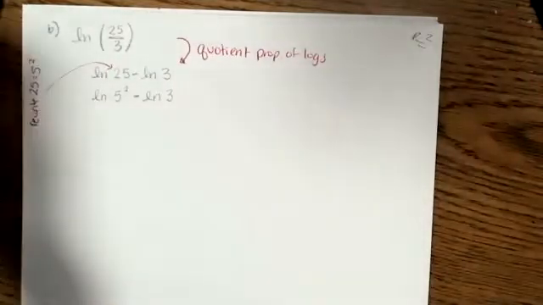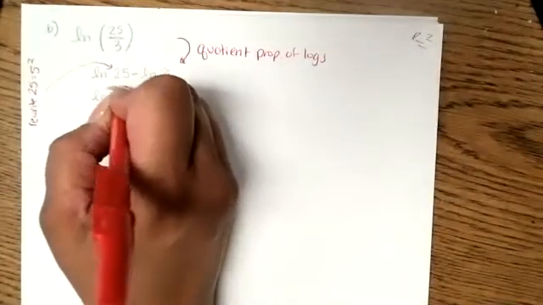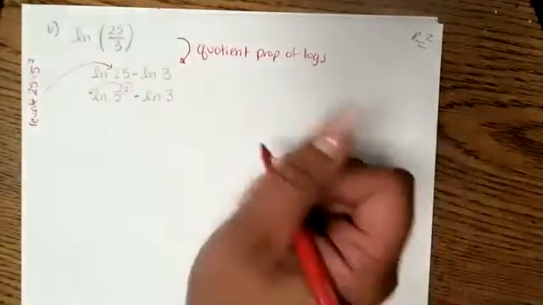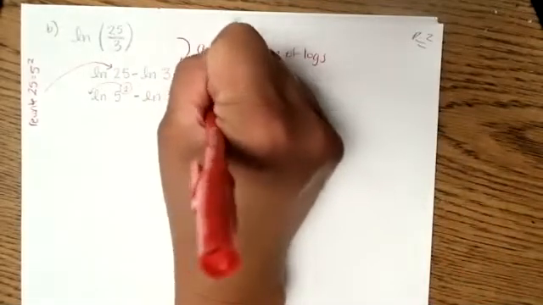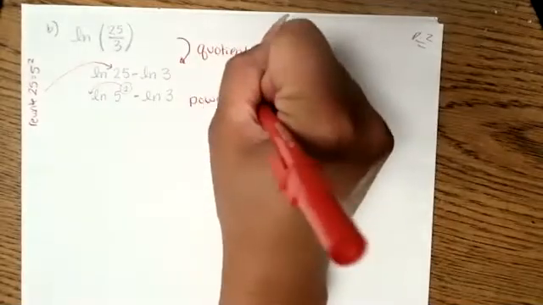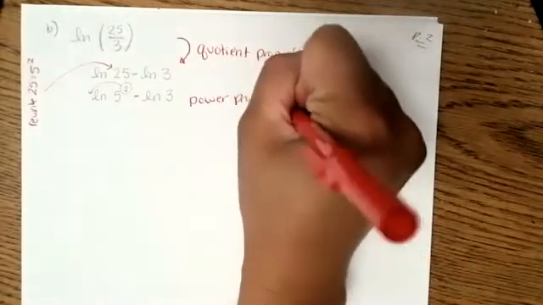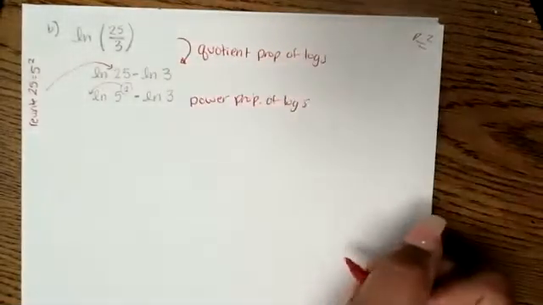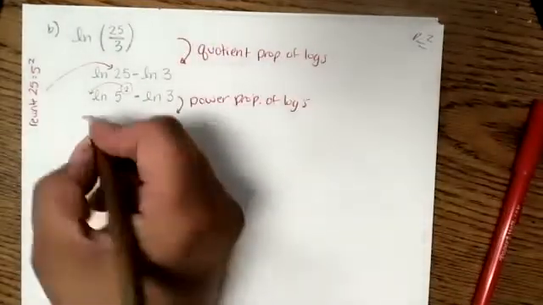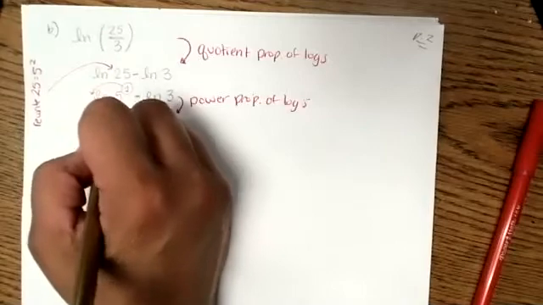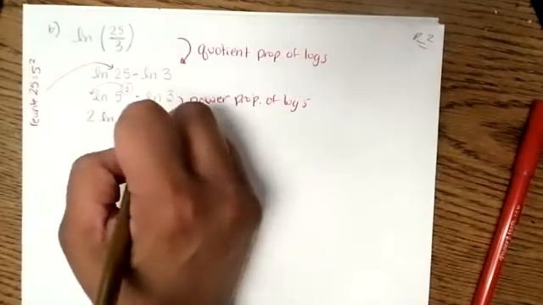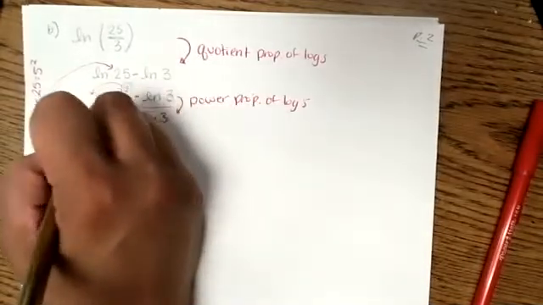And then I can move this 2 because it's an exponent in front of the natural logarithm. That is going to be the power property of logs. So then my final answer will be 2 natural log of 5 minus natural log of 3.